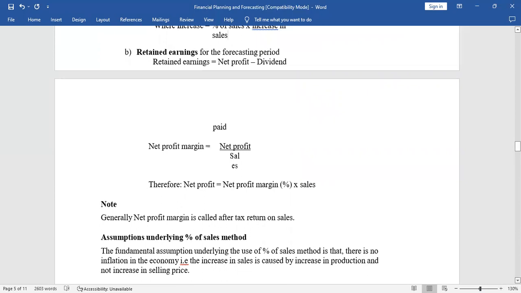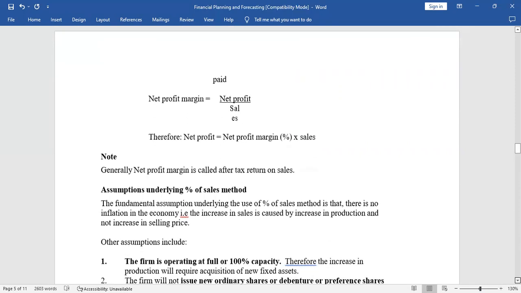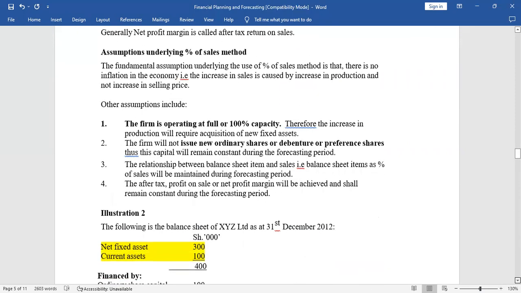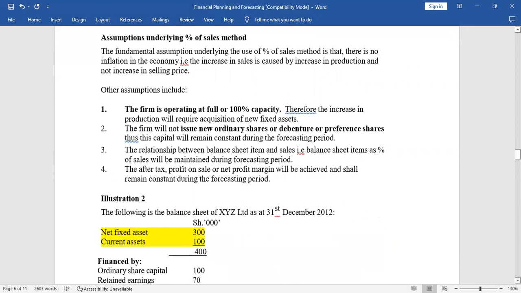This one can sometimes be used by the examiner to see whether you understand the ratios. Kindly note that. So this model works under some assumptions. It's a model, I say. So these are the assumptions of the percentage of sales method. The fundamental assumption is that there will be no inflation in the economy.